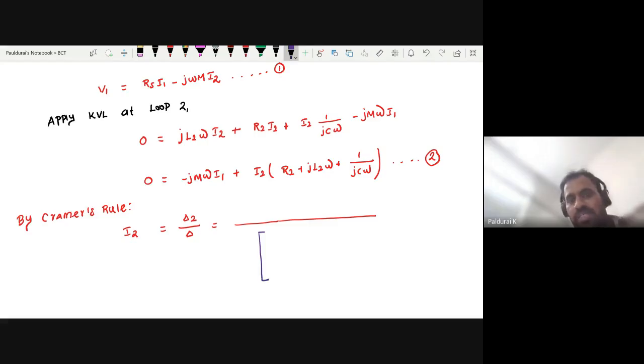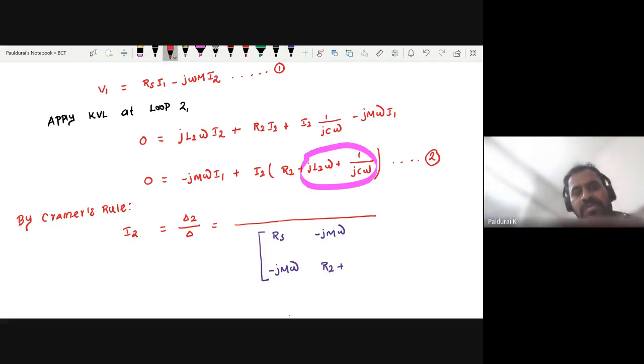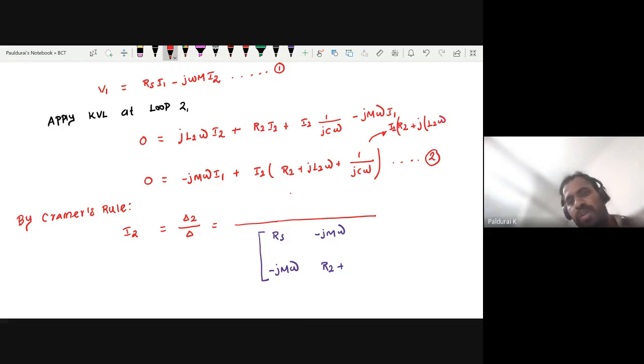So del is given by, equation number 1, it is RS minus jM omega. Equation number 2, it is minus jM omega. This is R2, plus, coming here, take j as common. This can be written as I2 times R2 plus take j as common, it becomes L2 omega.